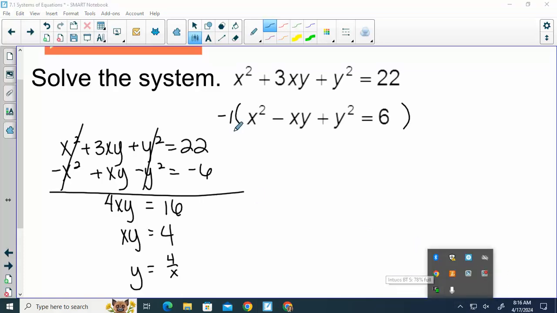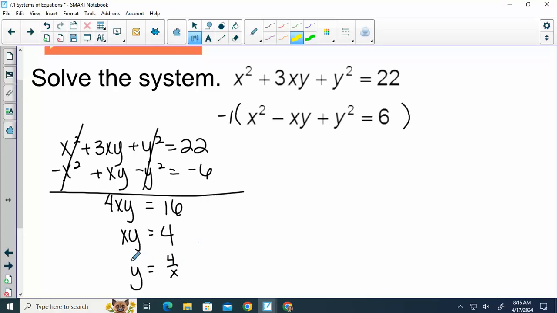Okay. We started out doing an elimination, and we eliminated the x squared and y squared. But now I know what y is equal to. So could we go back and substitute that into one of these equations? It doesn't matter which one. I highlighted the first, but do you guys have a preference? Okay.